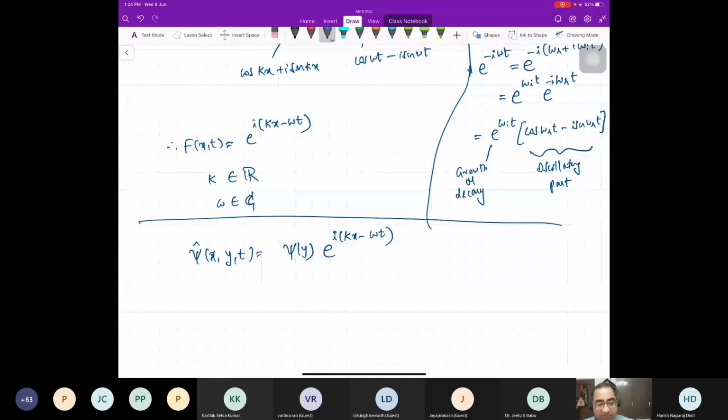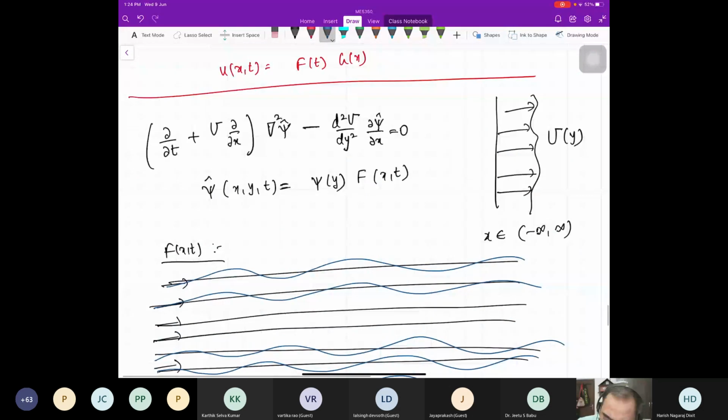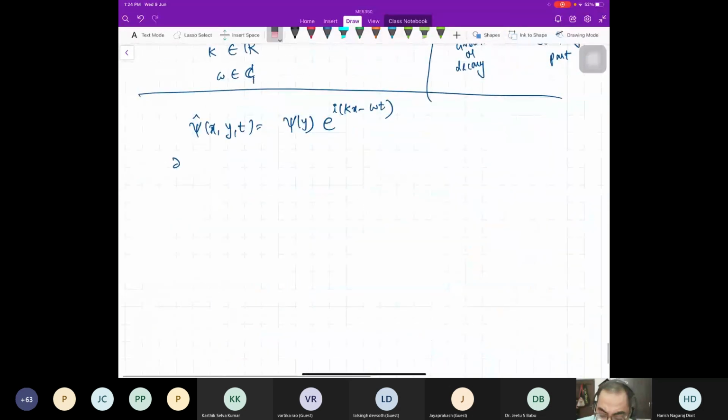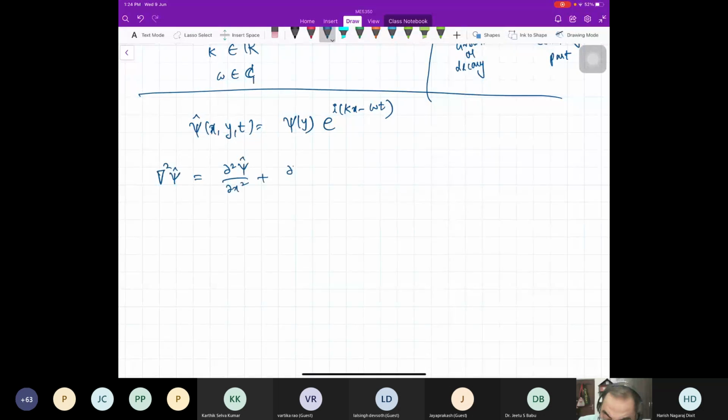Now let's take the derivatives, each of them. What are the derivatives that will enter in this? I have del squared psi hat, which is del squared psi hat by del x squared plus del squared psi hat by del y squared. Let's first do the first part. Del squared psi hat by del x squared, you have the exponential twice.